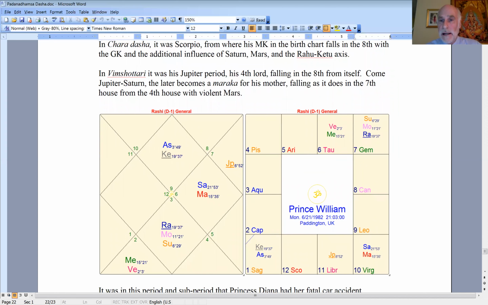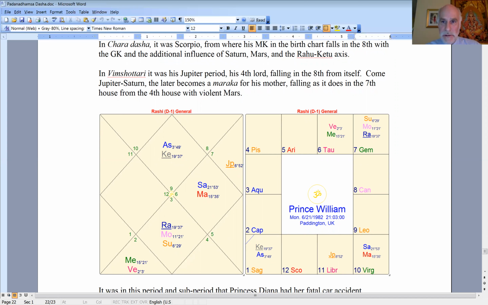And then in Vimshotri, the event happened in the major period of Jupiter and the sub period of Saturn. Well, his 4th house is Pisces, right? The Lord is Jupiter. And if you see where the Lord has gone from the 4th house, using Pisces, the 4th house as Lagna, you'll see that Jupiter, the Lord, goes into the 8th house from there.